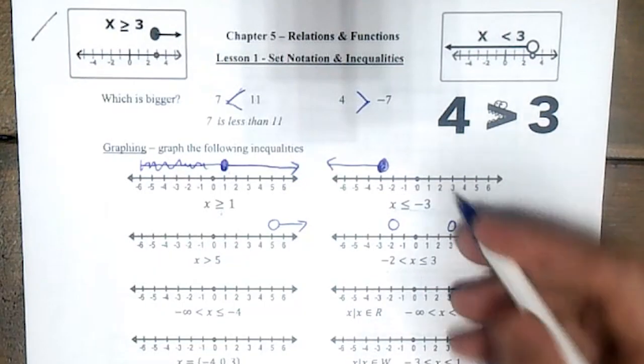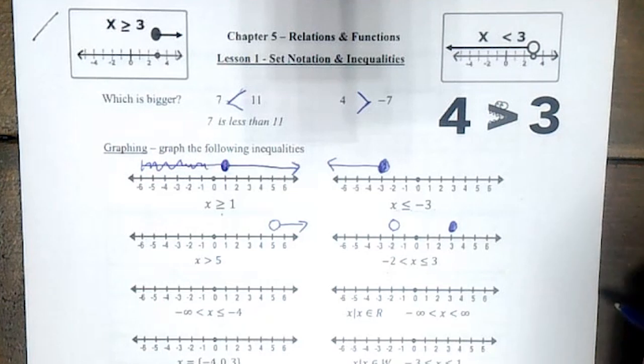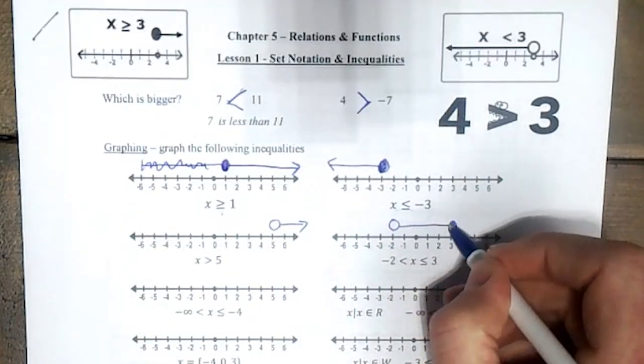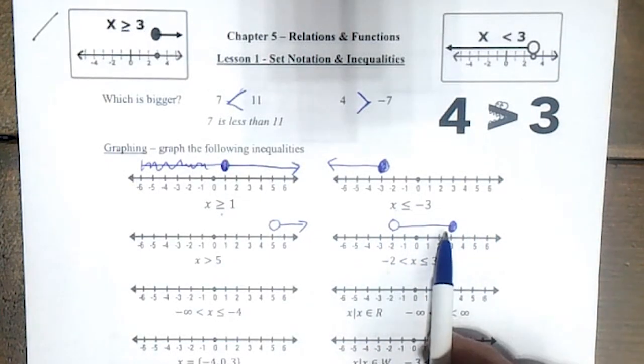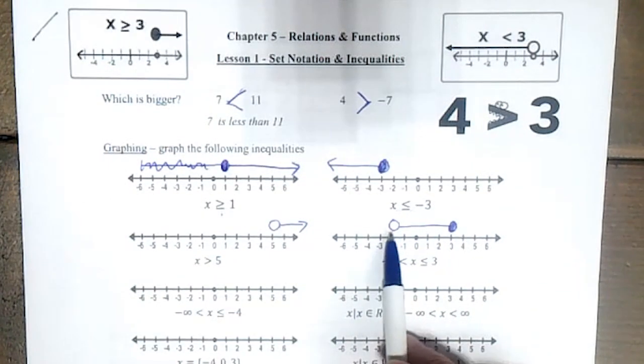This one has an equal sign, like that. And x is in between these two, so we just draw a line connecting the two. X can be anywhere here. It can be 3, it can be anywhere between the two, but it cannot be -2 because there's no equal sign.